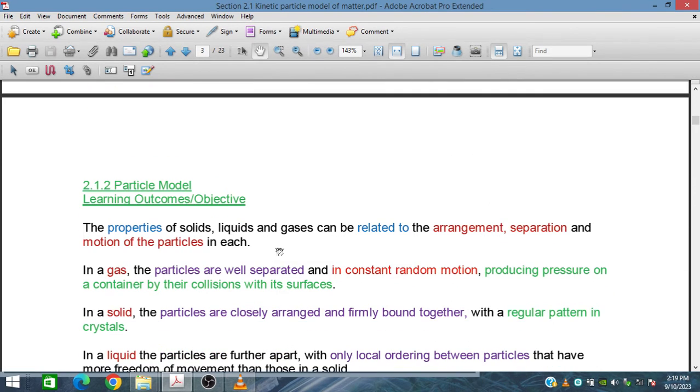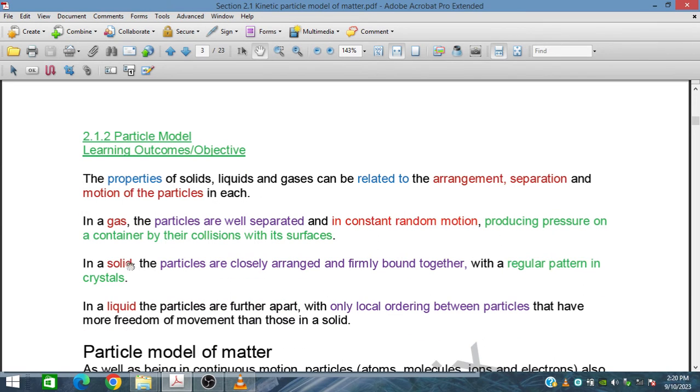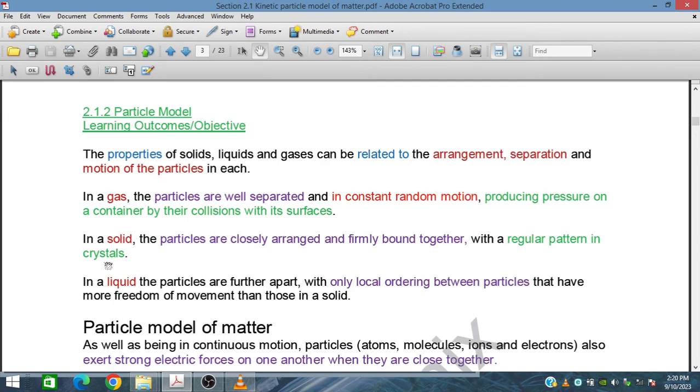Particle models, learning outcomes. The properties of solids, liquids, and gases can be related to the arrangement, separation, and motion of the particles. In a gas, the particles are well separated and in constant random motion, producing pressure on the container by their collisions with its surface. In a solid, the particles are closely arranged and firmly bound together in a regular pattern, as in a crystal.